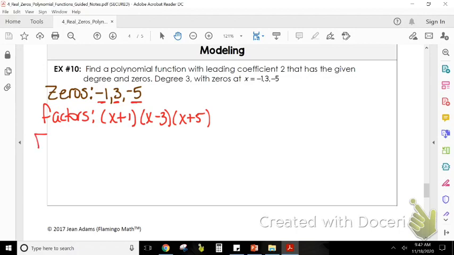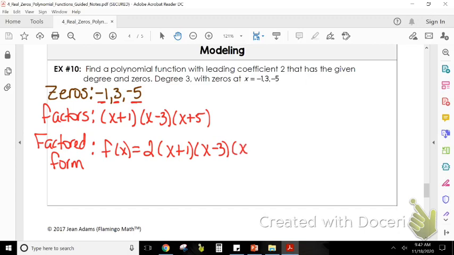So now I'm going to write it in factored form. The only difference between factors and factored form is you put f of x equals at the beginning, and you put in the leading coefficient. So we're going to write f of x equals, and our leading coefficient, it tells us, is 2, and then it's times our factors.